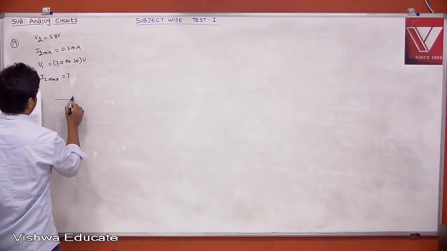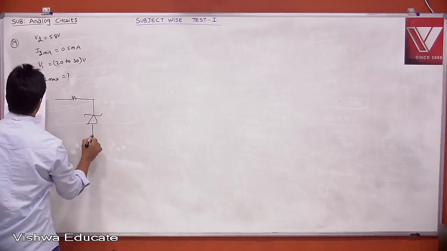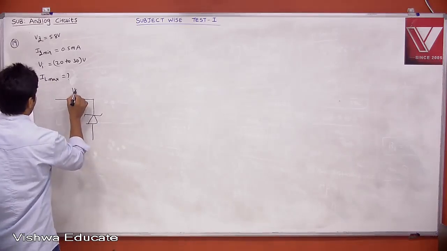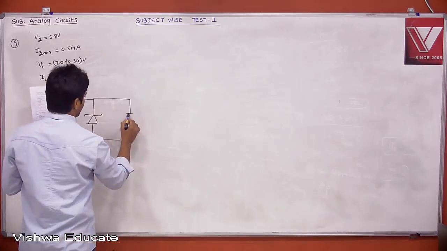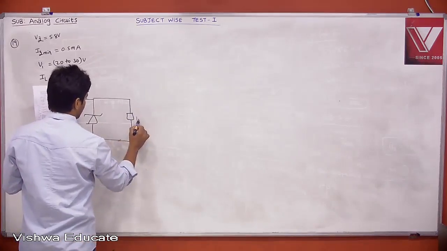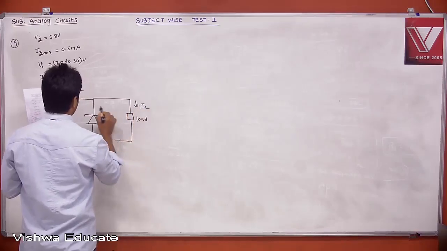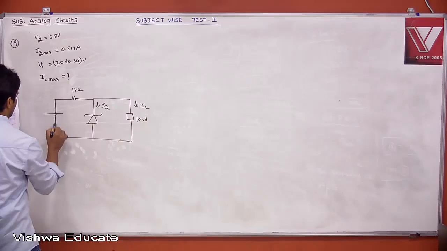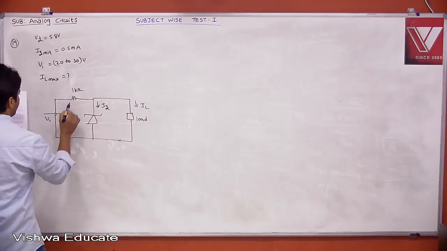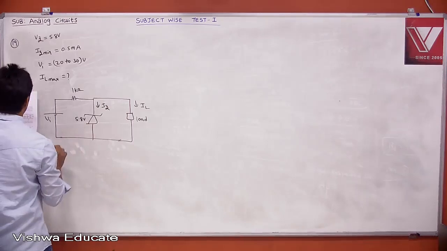The circuit is this: this is 1 kilo ohm, and there is a load connected here. This is your IL, this is your IZ, this is your VI, and this is your VZ, 5.8 volt.